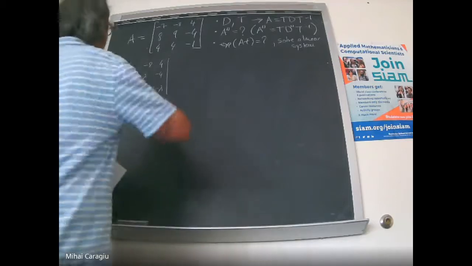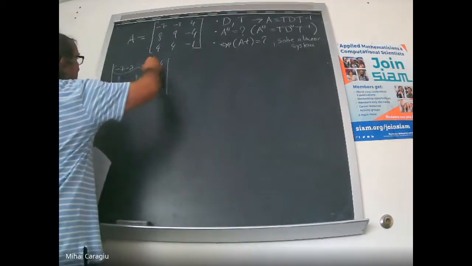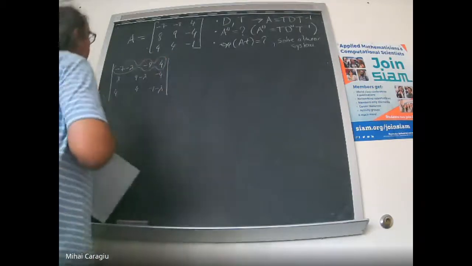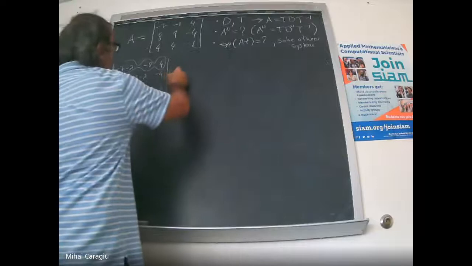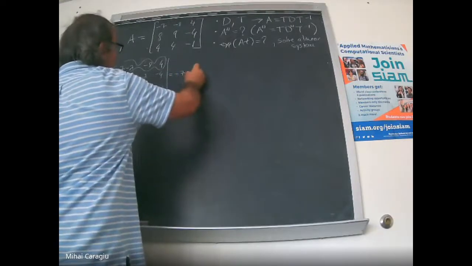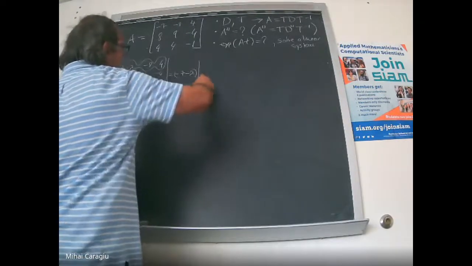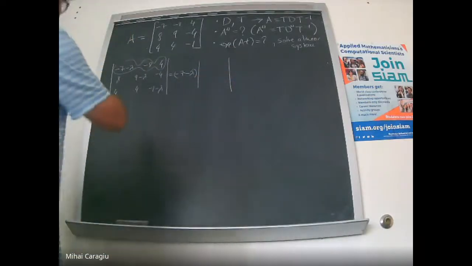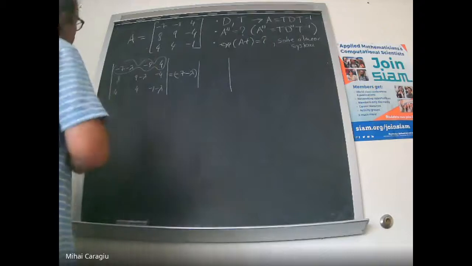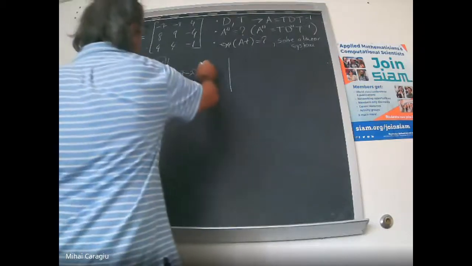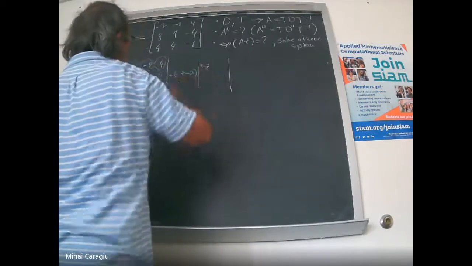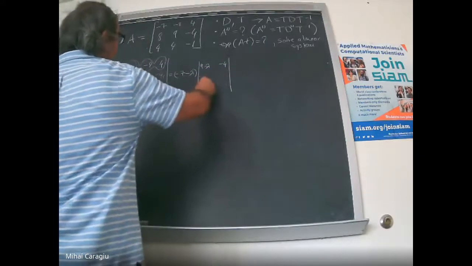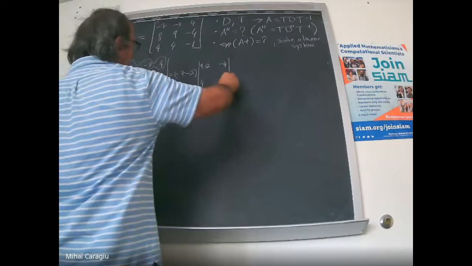Okay, so let's try to expand along the first row. So this would be -7 minus lambda times the determinant of the 2 by 2 matrix obtained by removing the row and the column of -7 minus lambda. This will be 9 minus lambda, -4, 4, -1 minus lambda.